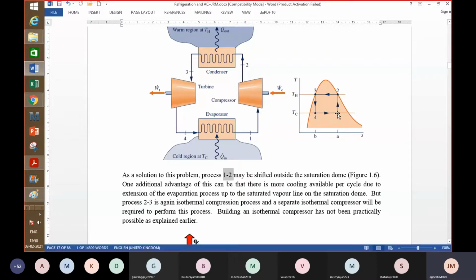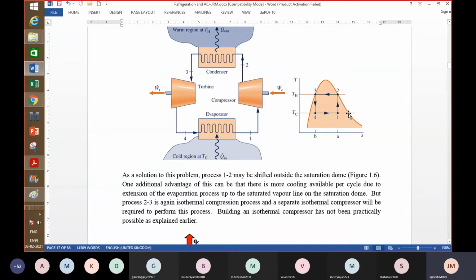You are extending the expansion process, so in a single cycle you are producing more cooling effect, so you can reduce the rate of flow of the working fluid if you do this. So this is an advantageous thing. So let us try and do that. So that will resolve one of the issues, right?